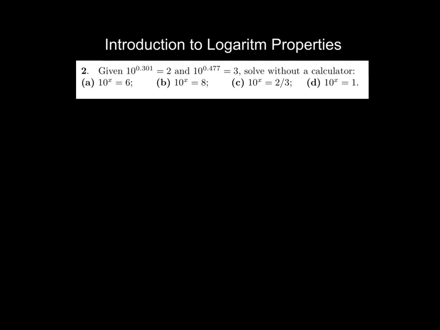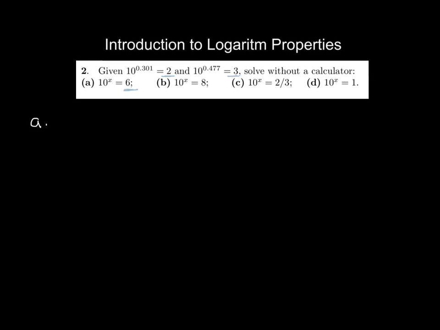So number 2A here, our whole goal is we want to see how we can construct 6 from 2 and 3. So for A, how do 2 and 3 make 6? Multiply them together. If we multiply 2 and 3 together, we get 6.